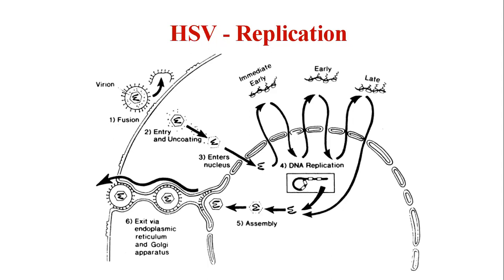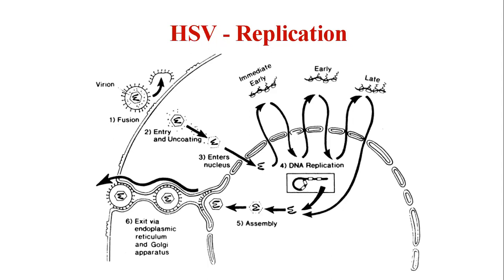So after formation of mRNA, the mRNA will come out again to the cytoplasm in association with the endoplasmic reticulum, better to say in association with the ribosome. They form three different types of proteins: immediate early proteins, early proteins, and late proteins.